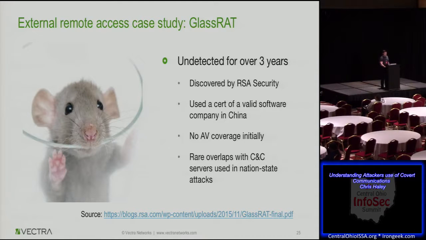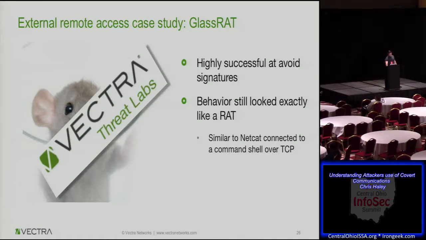What they ended up doing, though, is they were able to identify a dropper, which at that time had no signatures present, and they were able to start backing into where this attack originated from.